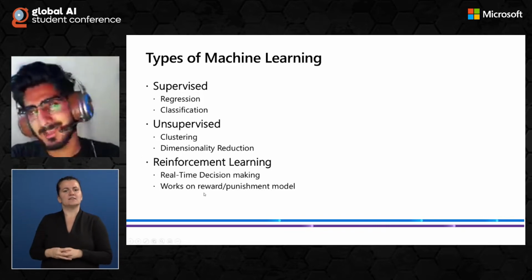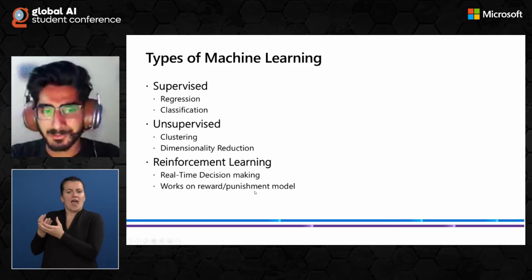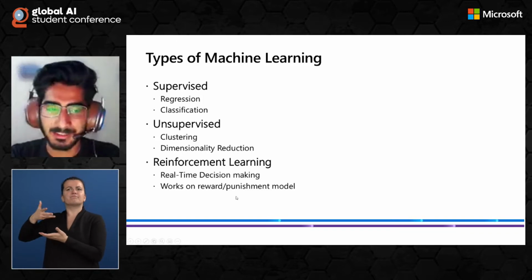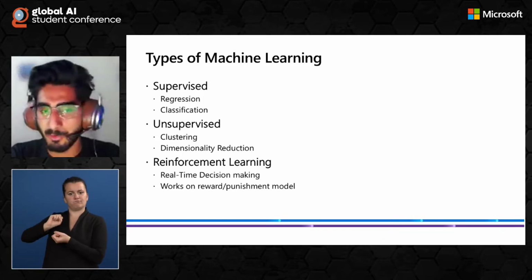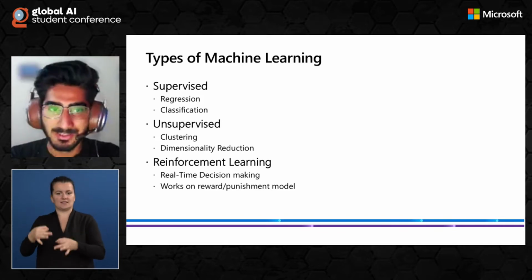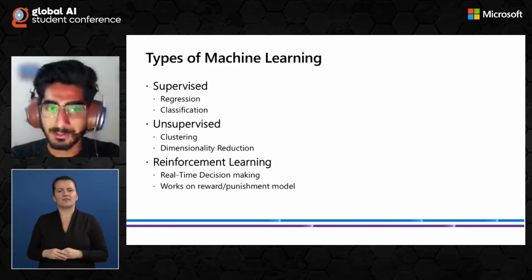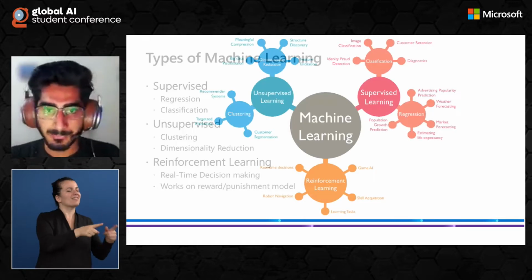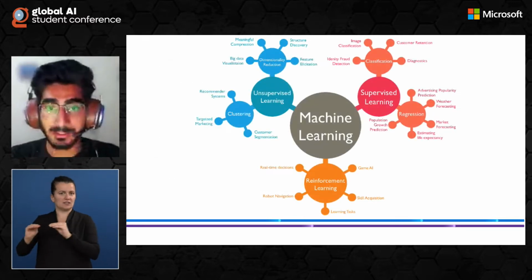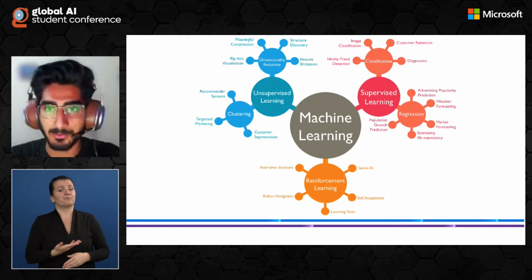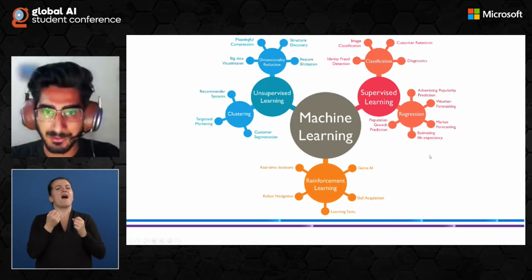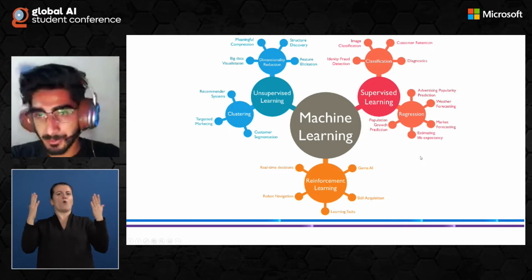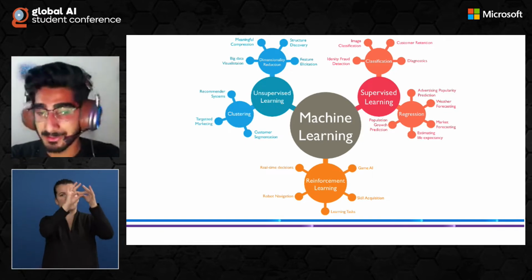That comes under reinforcement learning because it's real-time decision making. It works on the principle of a reward and punishment model. So this is the basic info that you need in order to get started in NLP. This will help you understand the entire ML space much better. We have real-life examples here, and if you want to take a screenshot of this, it will help you, especially if you're a newbie.